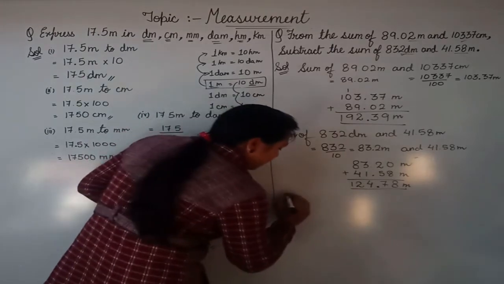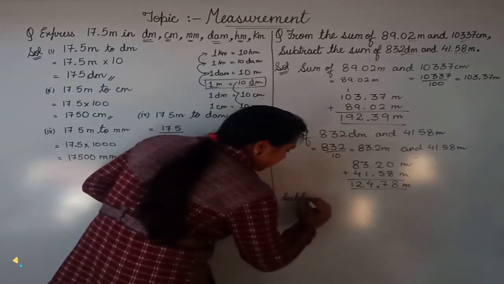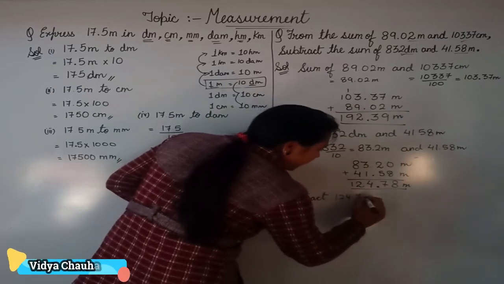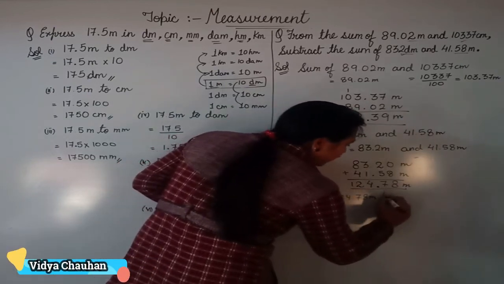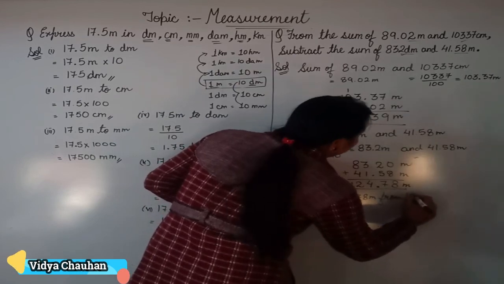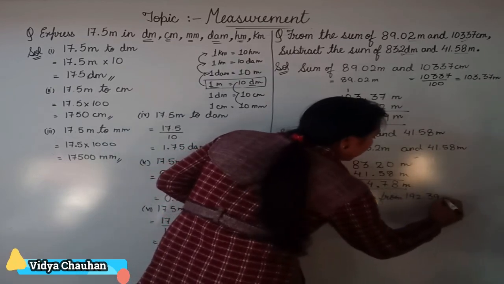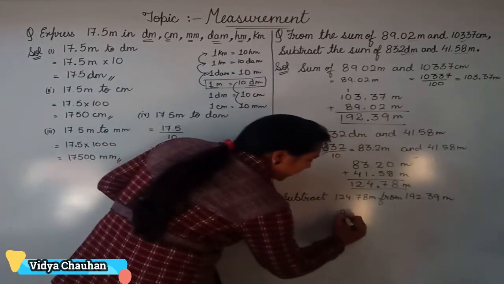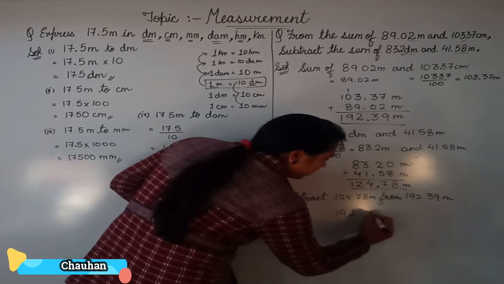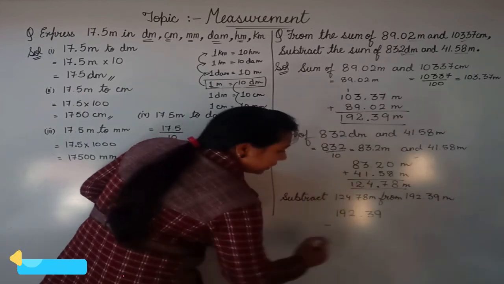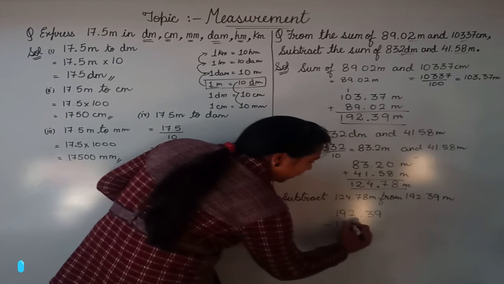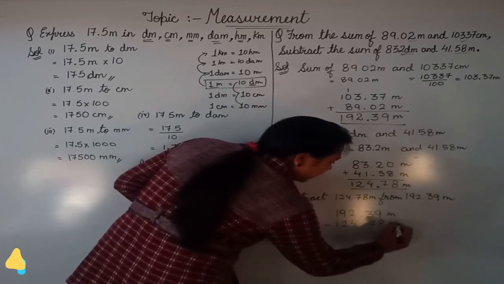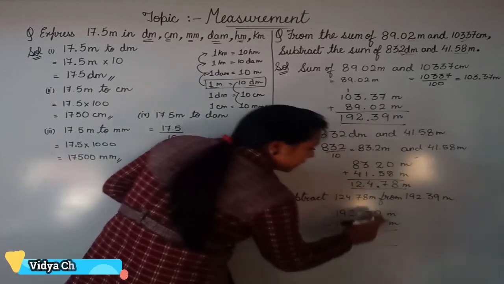So now it's time to subtract 124.78 meter from 192.39 meter. Let's perform the subtraction: 192.39 minus 124.78 meter.